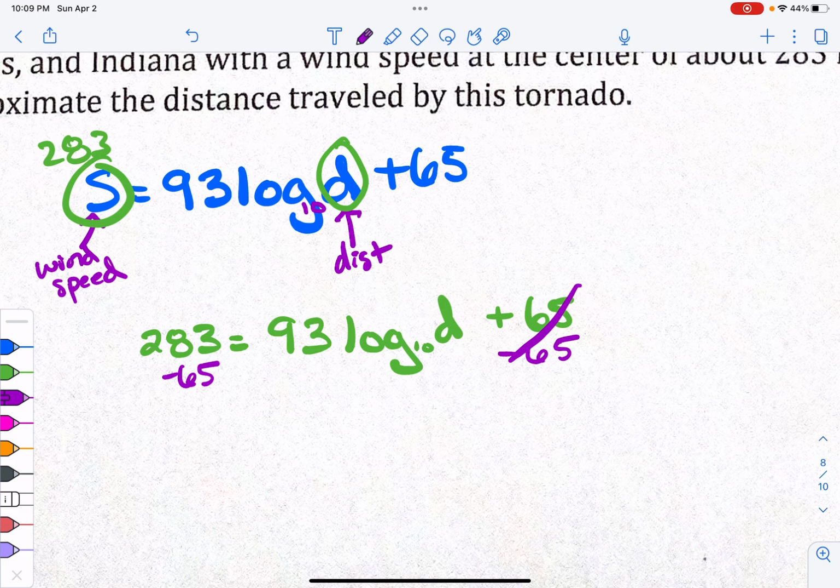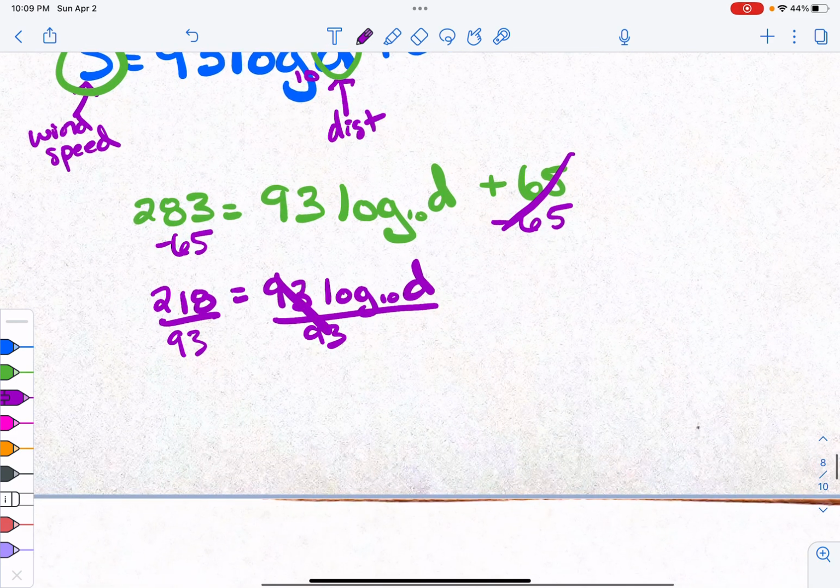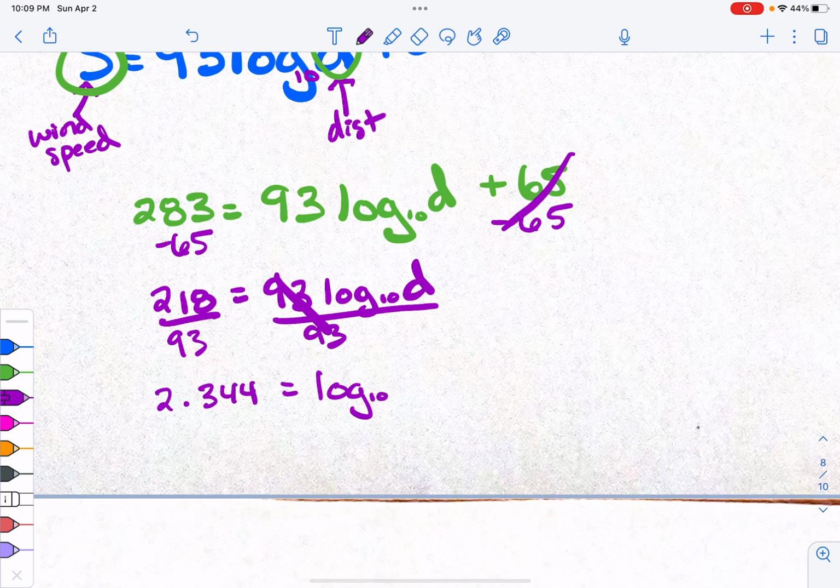I could do that in my head, but it's been a long day. 218 equals 93 log base 10 of D. And I'm going to divide by 93. So I guess I need that 218 in my calculator anyway. And I get like 2.344-ish equals log base 10 of D.